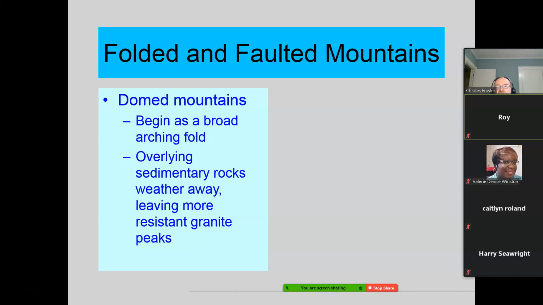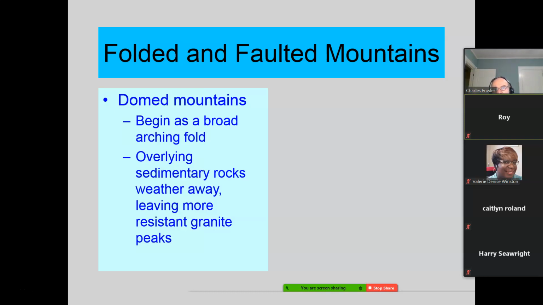The dome mountain began as a broad arching fold, so it's a folded mountain, and the overlying sedimentary rocks get broken and cracked because this pressure coming from underneath stretches them at the surface, and they crack, they weather away, leaving the more resistant granite peaks, which probably came from deeper, exposed.